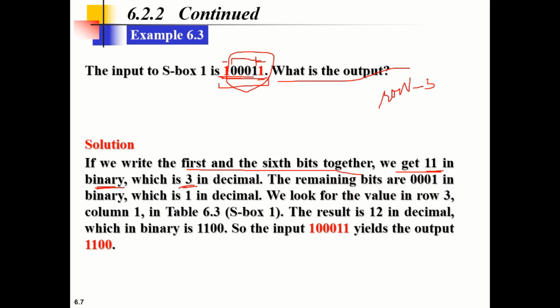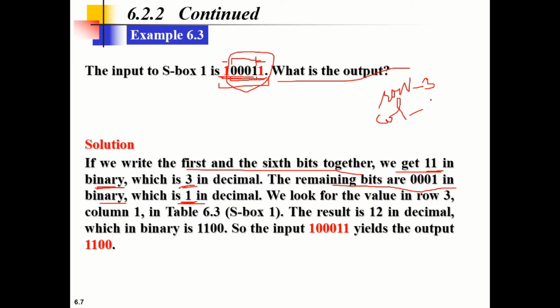Now for the column, we consider the 4 bits in the middle. These remaining bits, 0001, are in binary and represent 1 in decimal. So this is the information for the column.